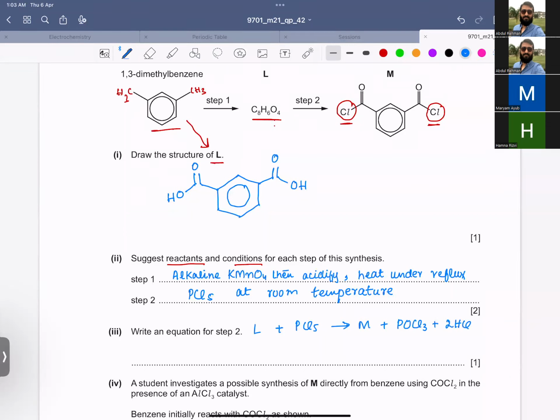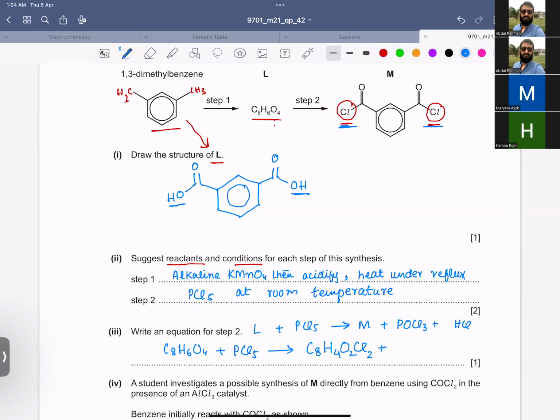So if I write the equation, it's C8H6O4 with PCl5. My product has, if you see over here, instead of these OH, I got Cl. So the formula would be C8. There is no change in carbon. 2 hydrogens are decreased, so H4, and 2 oxygens are decreased, so O2, and then Cl2, because 2 chlorines are attached.